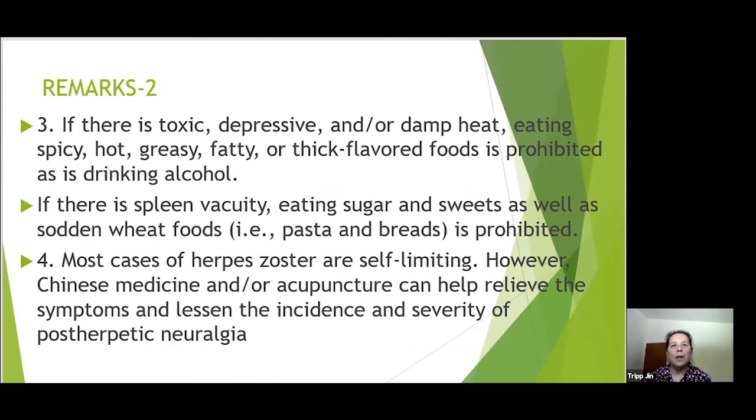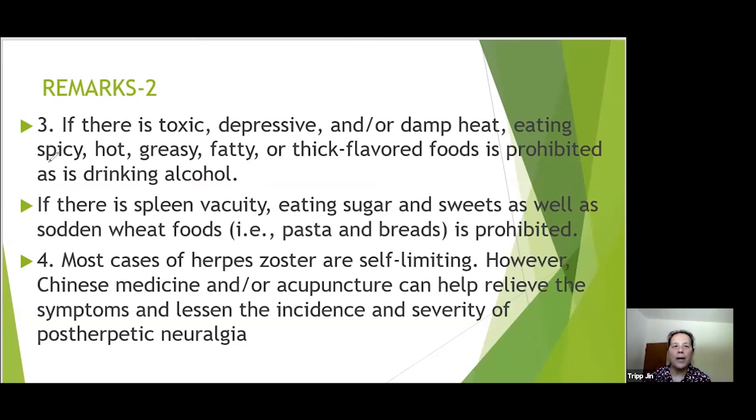Then we need to be careful. If patients get this kind of illness, some food may make symptoms more severe.